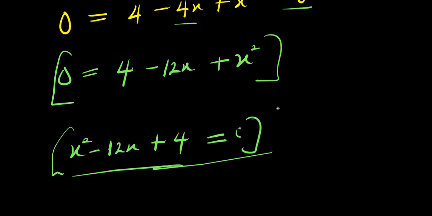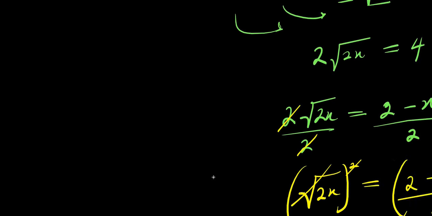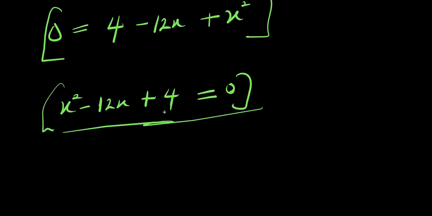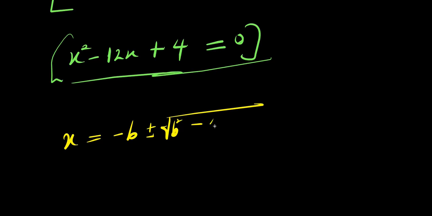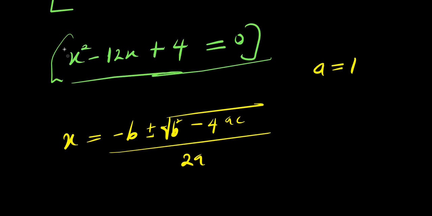So this is the equation we are going to solve for all values of x, and we are going to solve this using the formula method. So here it is. Now, I write the formula in respect to x: x equals negative b plus or minus square root of b squared minus 4ac, divided by 2a. a is 1, which is the coefficient of x squared. b is negative 12, which is this. c is 4, which is this.